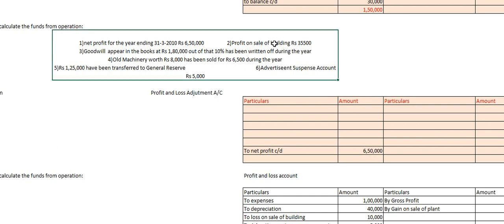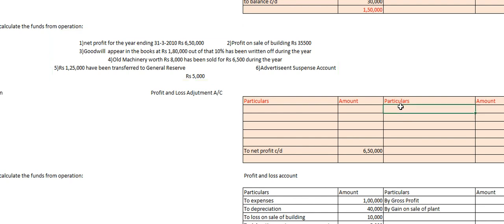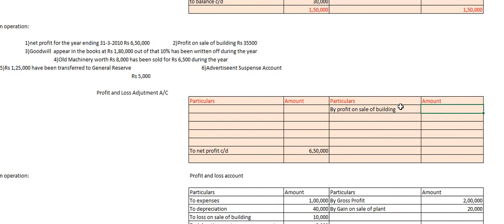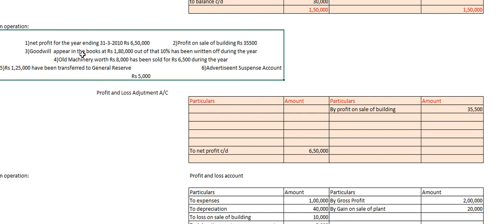Profit on sale of building 35,500. Profit on sale of building is a non-operating profit, so it will be credited by profit on sale of building. The amount is 35,500. Then goodwill appears in the books of accounts at rupees 1,80,000, out of which 10% has been written off during the year.